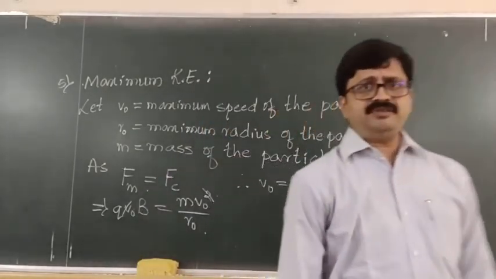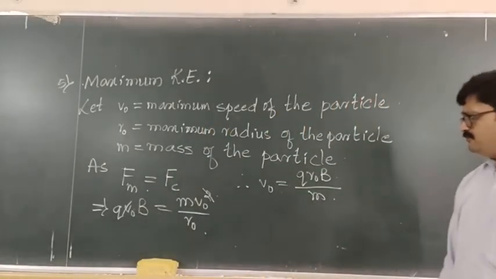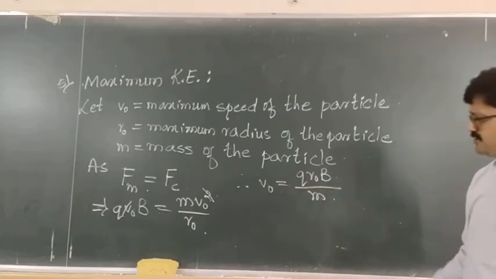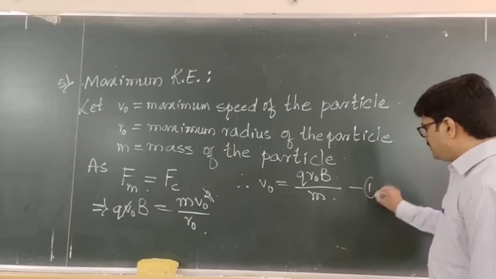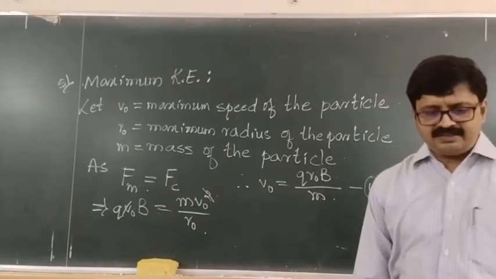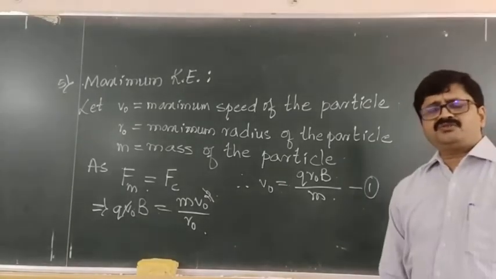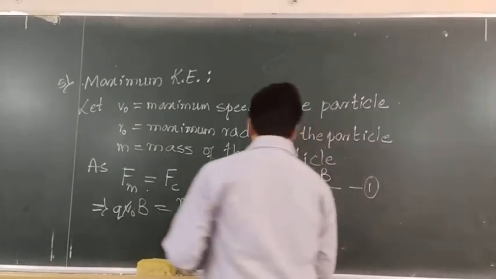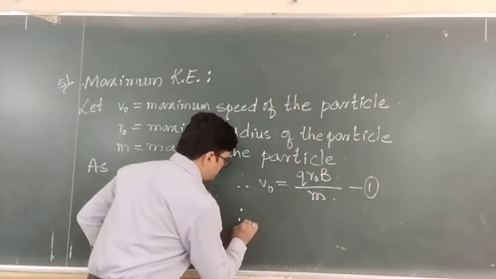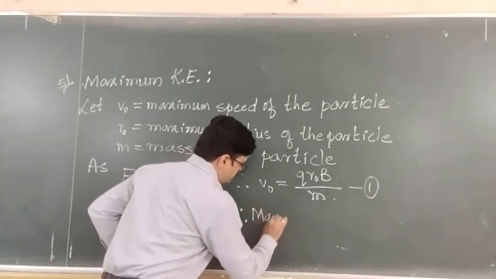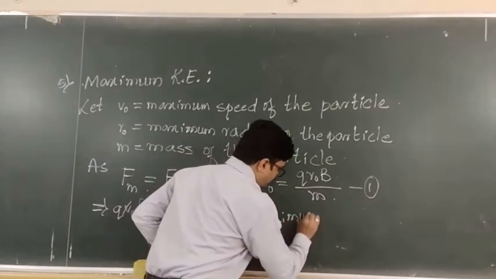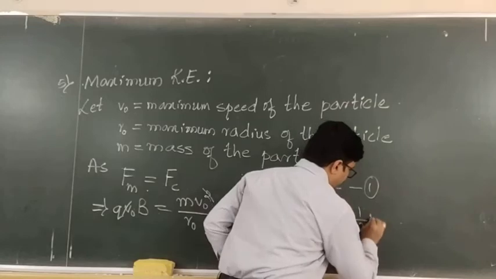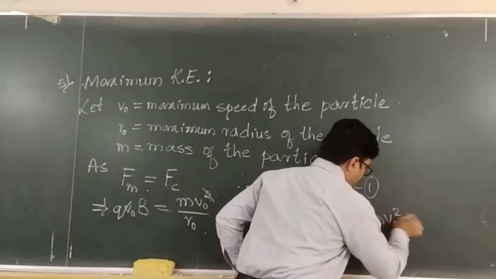So that is the value of v0. Okay. Now let me take this as equation number 1. Then maximum kinetic energy is equal to what? Half m v0 square. So finally I say therefore maximum kinetic energy is equal to half m v0 square.